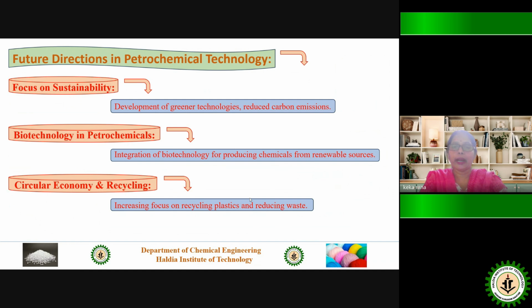We must apply biotechnology for producing chemicals from renewable sources. This technique creates many components which are less harmful for the environment. And for the circular economy, there should be increasing focus on recycling plastics and reducing waste.